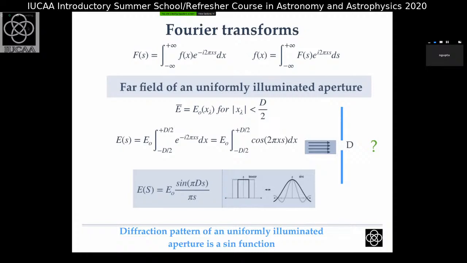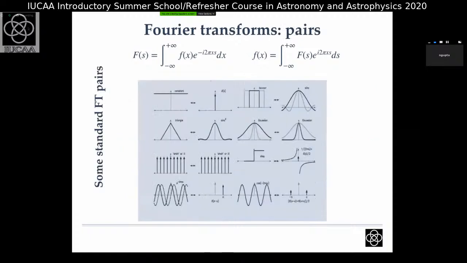And this is also something which you would have come across in basic Fourier transform properties. Trying to understand these basic Fourier transform properties, along with some basic relations between some simple Fourier transform pairs, is really very, very important if we want to understand optics and how imaging takes place in radio astronomy or any field of astronomy. So I have summarized some of these Fourier transform pairs here.